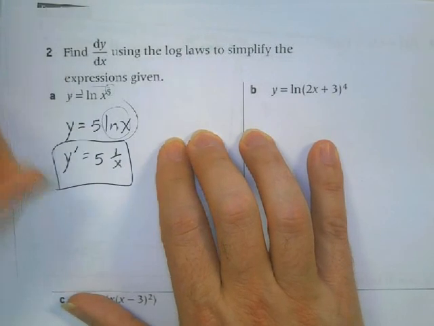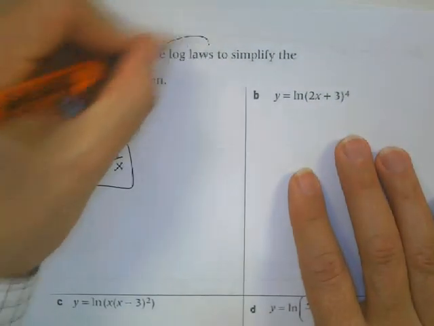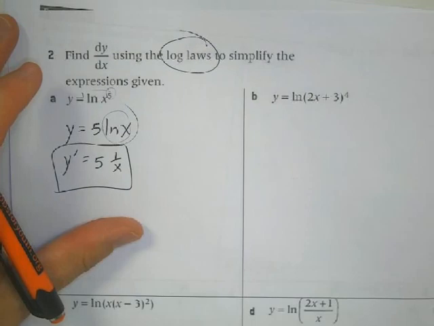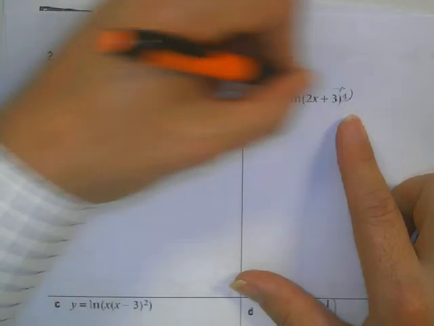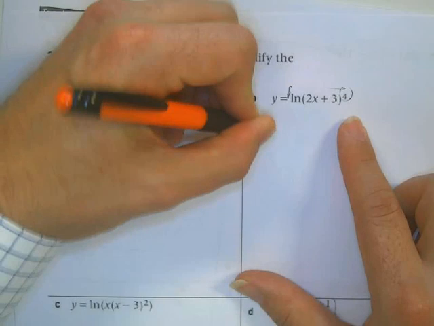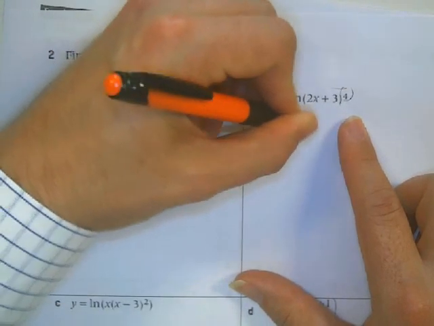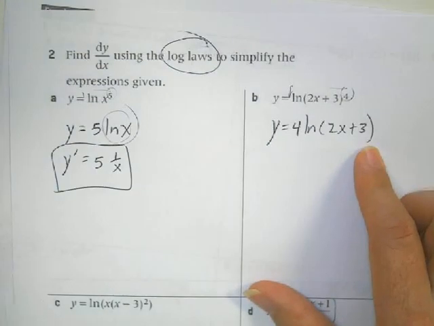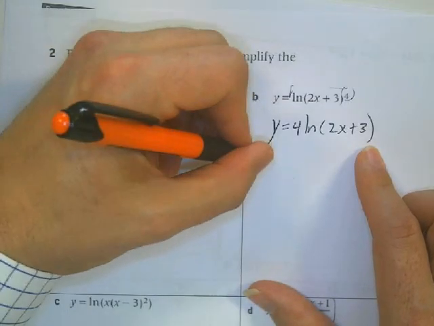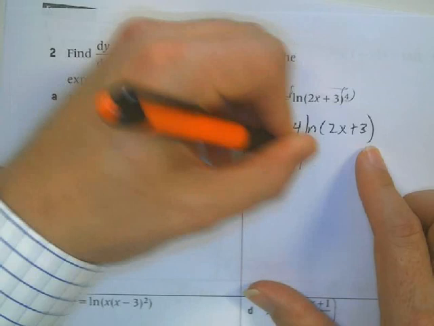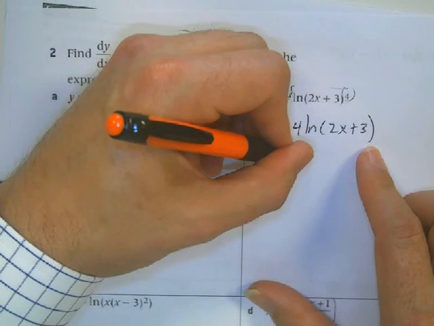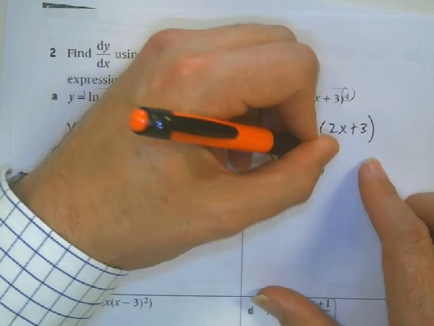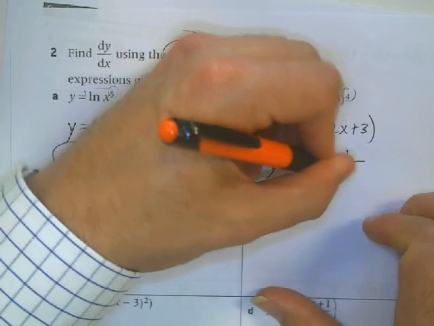Okay, so using the log laws makes this way more simple. So using the power rule for logs, this can go at the front, and I have 4 natural log of 2x plus 3. And I can say 4 times 2 and 1 over 2x plus 3.